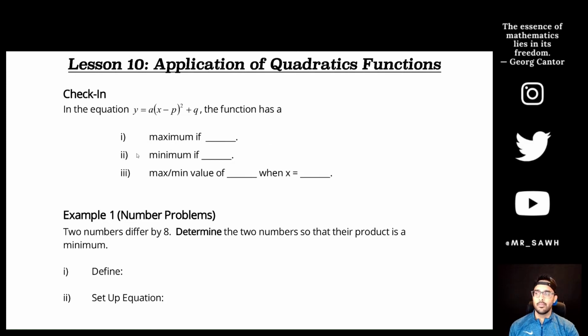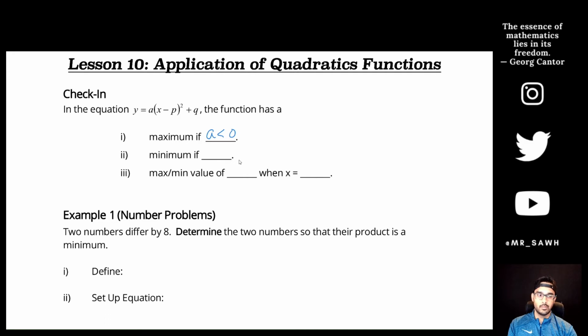So just remember that if a quadratic function has a maximum, it means that it opens downwards, right? Because we can follow that parabolic shape around, and if it's a maximum, my end points are going to be pointing down. So if my a value is something that's less than 0, in other words, the coefficient of a is negative, then it will have a maximum because it'll open downwards.